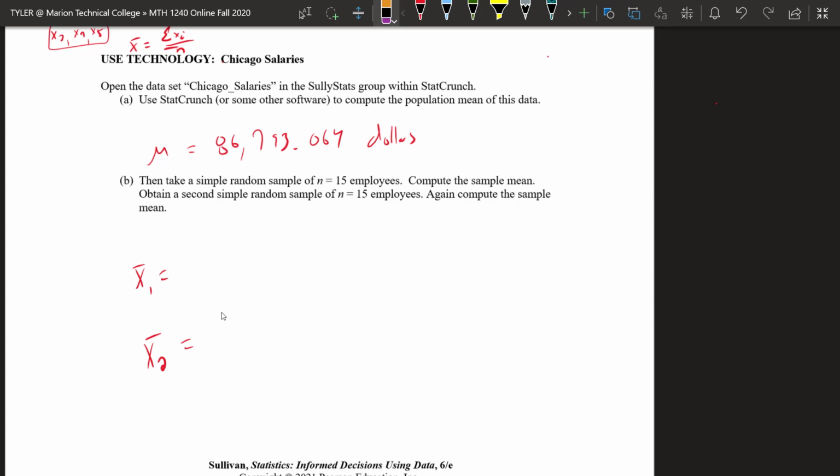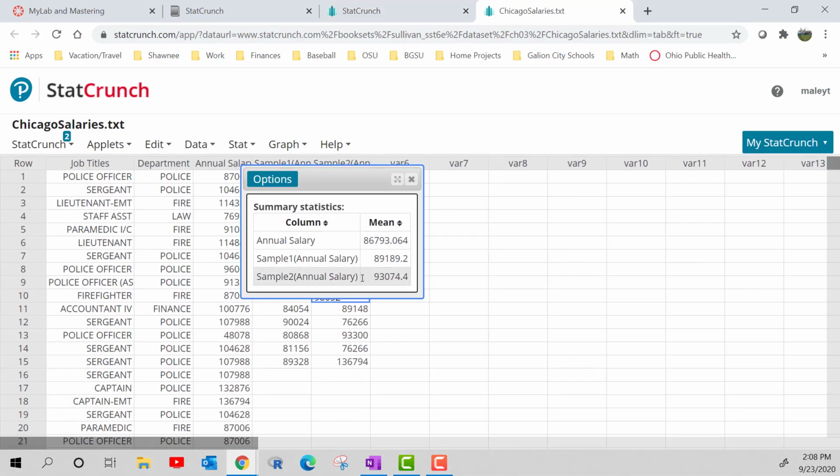These are different samples. So our first one was actually 89,189.2 and 93,074.4. Sorry about that. Those are the two numbers that we got here. So if you replicated this with me, you're going to get different values.